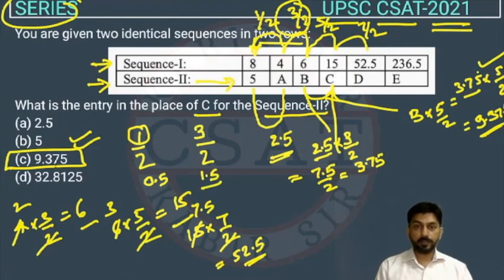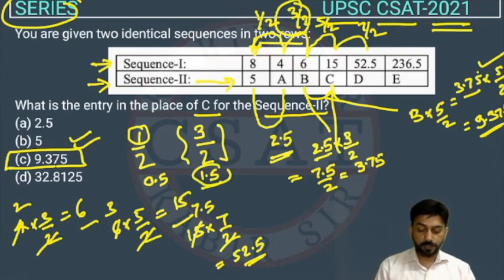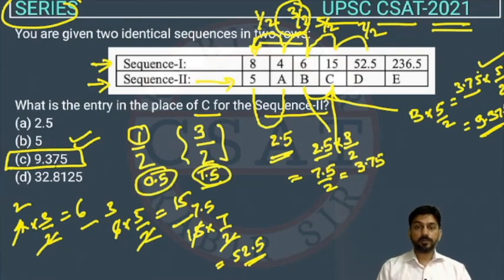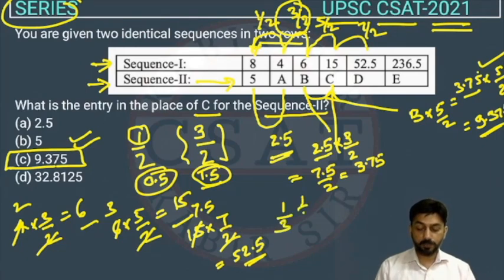So you can do it any way. I am leaving it in fraction only, but if you want you can convert into decimal also. In the future the examiner may give questions where these numbers are not 1 by 2, it could be 1 by 3 or 1 by 4 or something like that. So we should know in which pattern we have to check them.